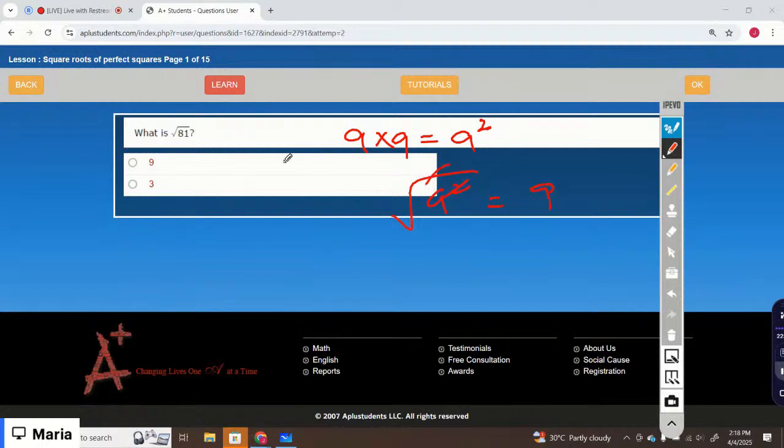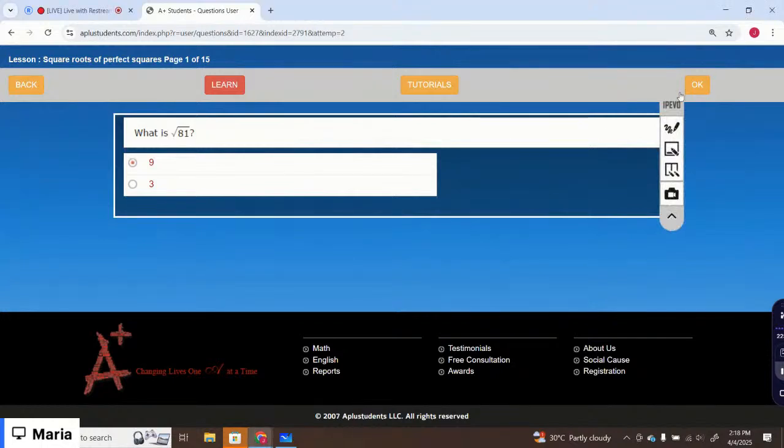The square and square root cancel out each other, so you are left with 9. So square root 81 equals 9. Option number 1 is the correct option.